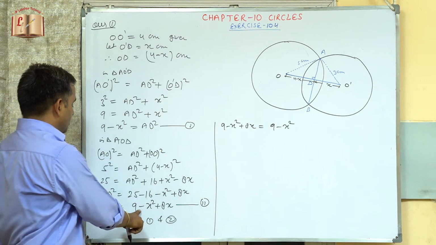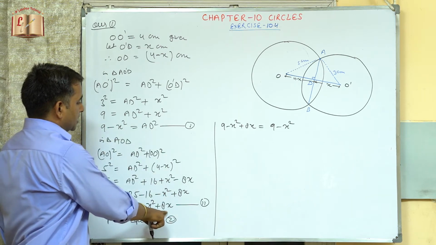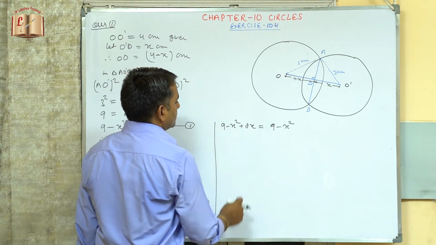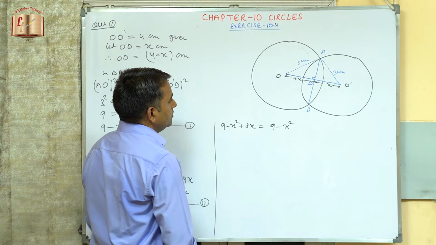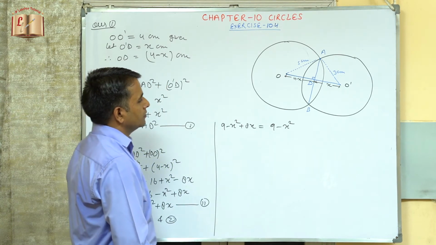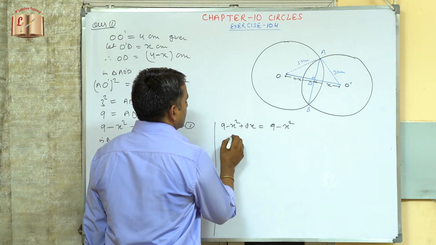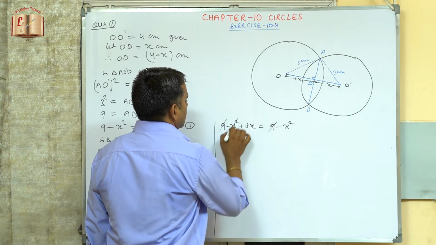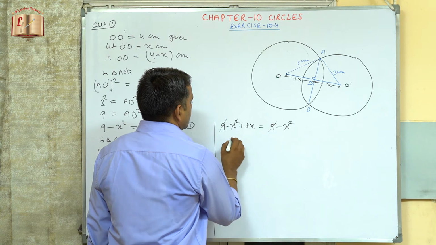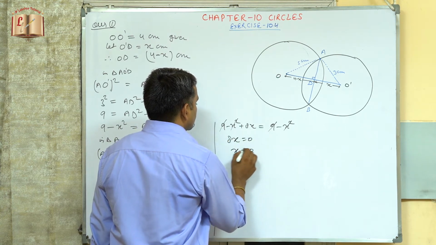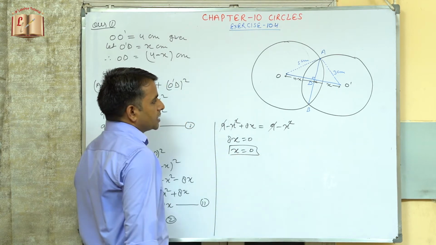From here the 9 cancels, x square cancels. So 8x is equal to 0, or x equals 0. We got x equals to 0.